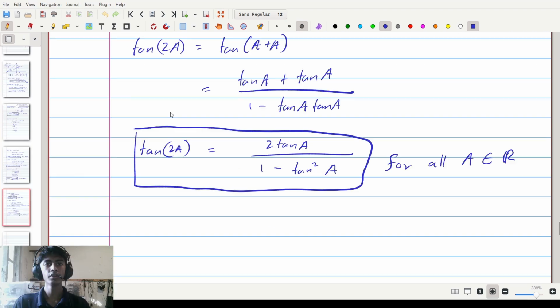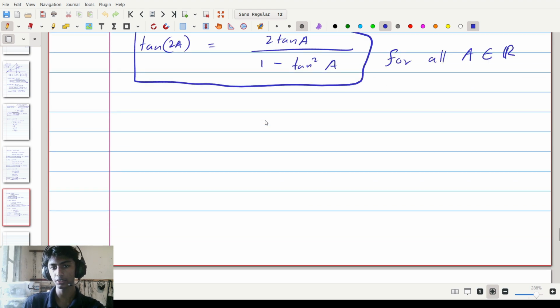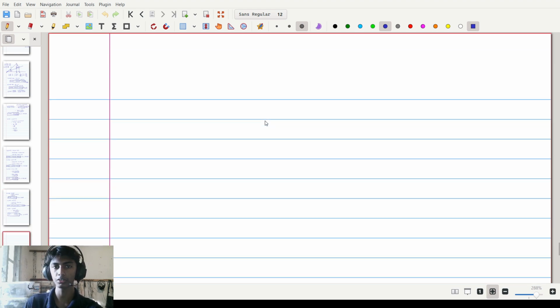So now we've discussed sine of A plus B, cosine of A plus B, tangent of A plus B, sine of A minus B, cosine of A minus B, and tangent of A minus B. In our syllabus, we have a couple other formulas that we are expected to know and potentially use.